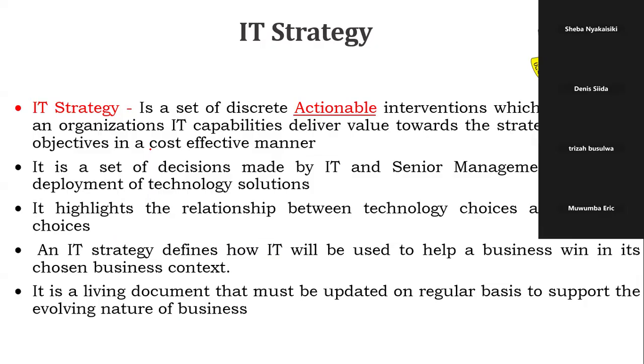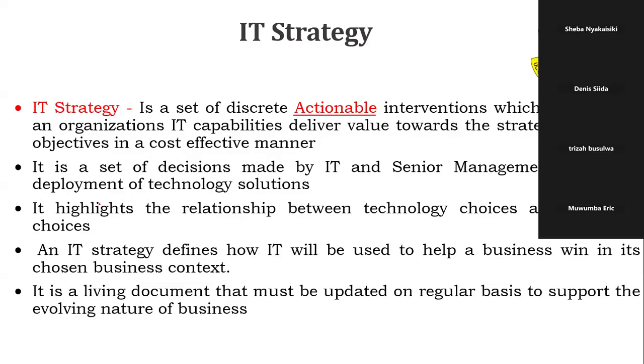The IT strategy is simply an alignment to the overall business strategy. It is aligned to, and it demonstrates the close relationship between technology and the business, that close relationship where the support comes in to achieve those organizational objectives.